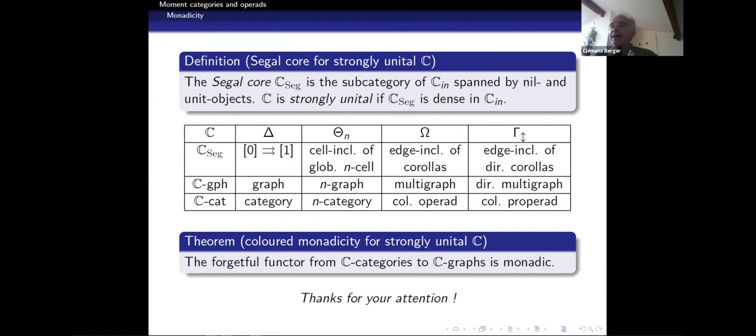And then you can define actually a monad on these graphical categories, and you can recover the hypermoment categories as Kleisli categories of a certain monad on these shapes.